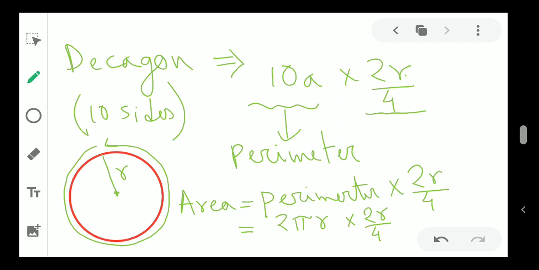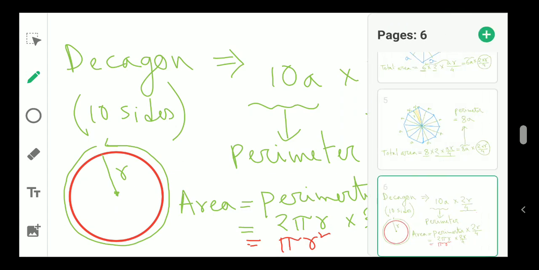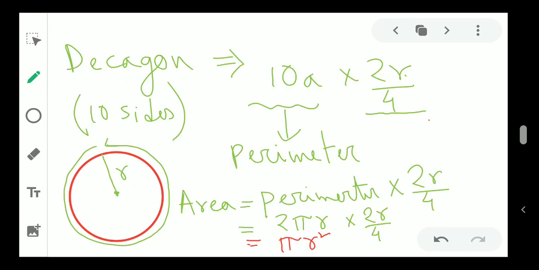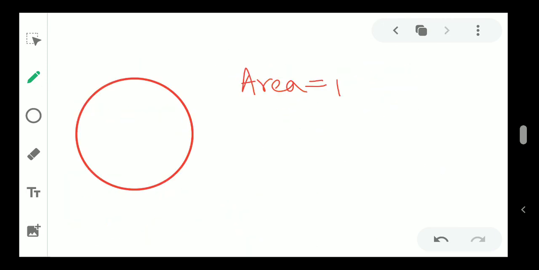If we do this, what are we getting? We are getting pi r square. So this is our famous formula for the area of the circle. So if I have the circle right here, my area will be pi r square.